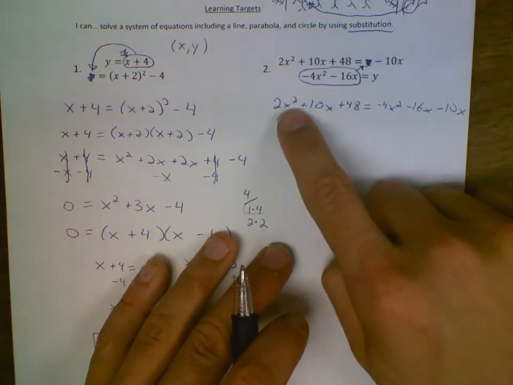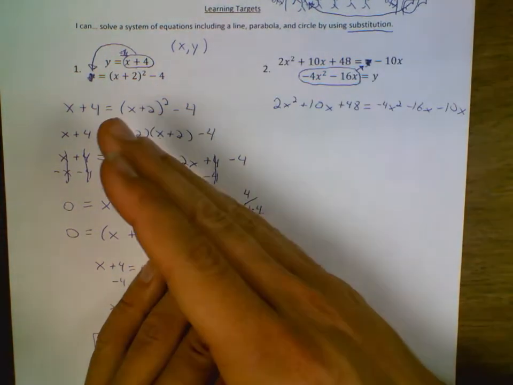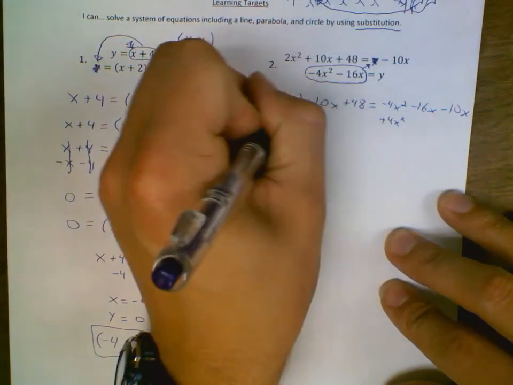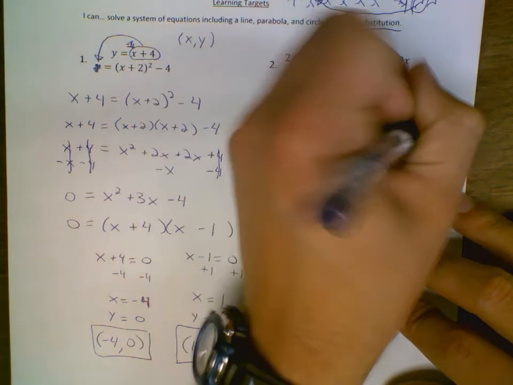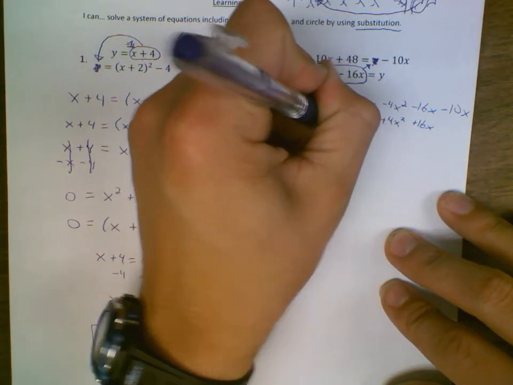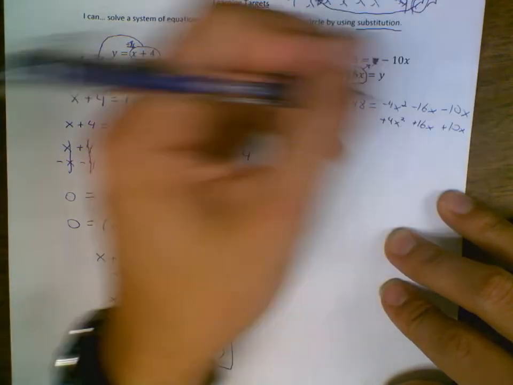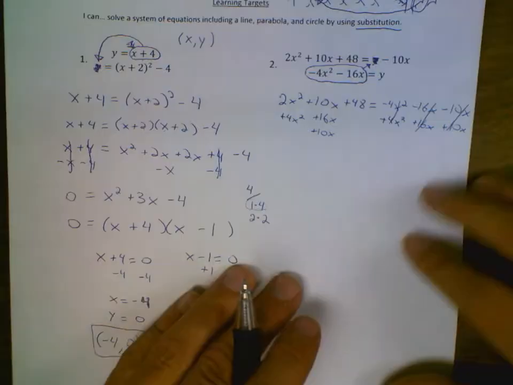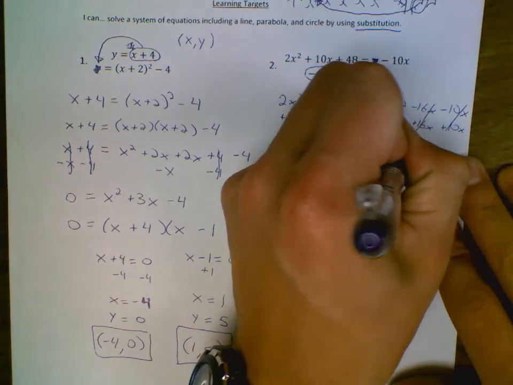Then, once again, I have an x squared and an x, so I want to get everything on one side. So I'm going to add 4x squared to both sides, add 16x to both sides, and add 10x to both sides. I'm eliminating everything on the right side, so I'm left with just 0 equals.